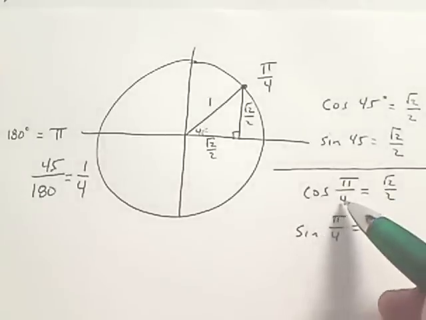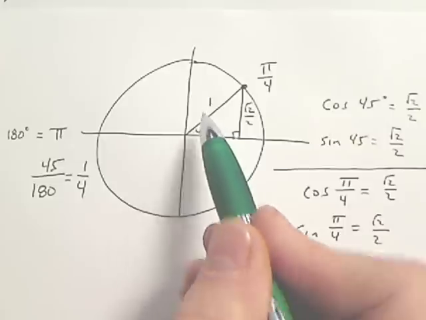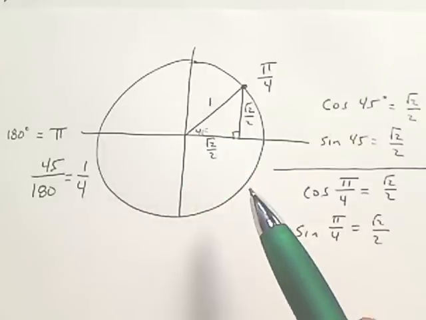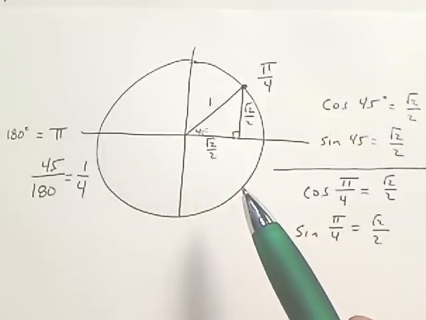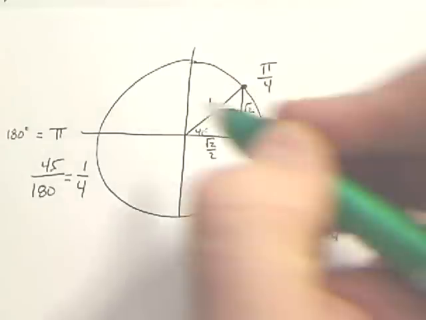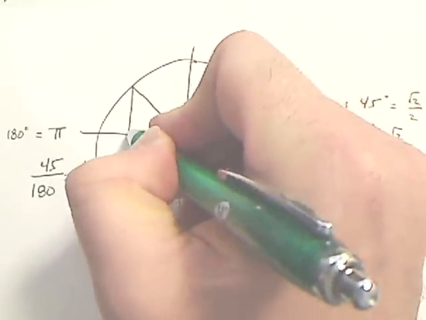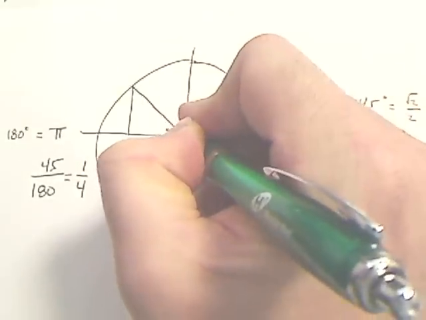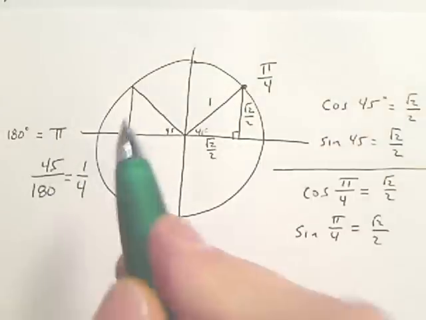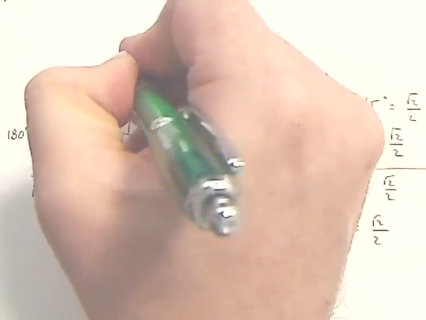So when you see a 4 in the denominator, we're going to know that that came from a 45-45 right triangle in our unit circle. So let's talk about the other ones that go around the circle. The one that's over here in quadrant 2, that is 45 degrees away from pi is 3 pi over 4.